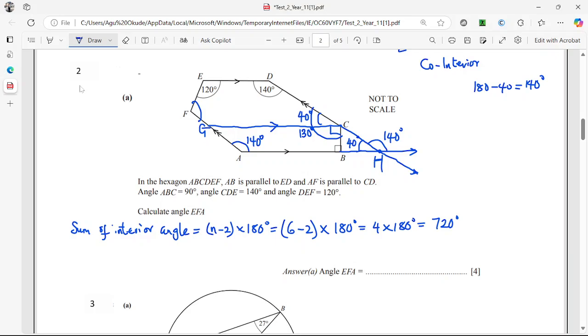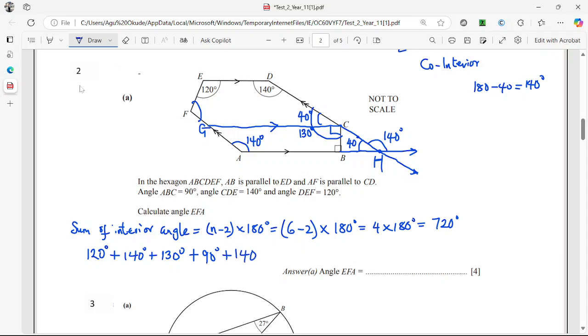Then this angle is 90 here. This angle is 140. So I'm looking for this. I'm going to add 120 plus 140, then plus 130, because this 130 is the whole angle here, then plus 90, then plus that 140.